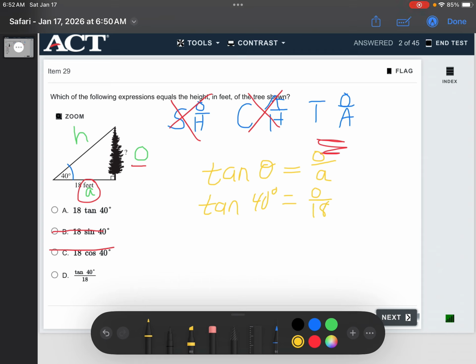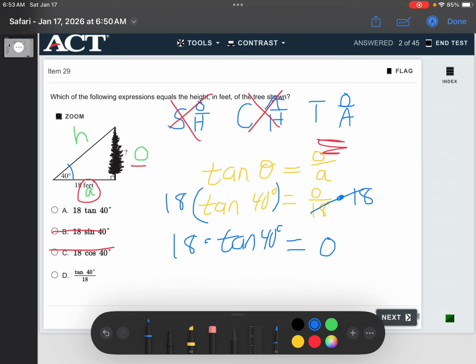That's a variable. And then I need to express this in terms of calculating that opposite side. So I would have to get that opposite side by itself. I would have to multiply both sides by that 18, and that cancels the division by the 18 over here. So I have my opposite equals 18 times the tangent of 40 degrees.